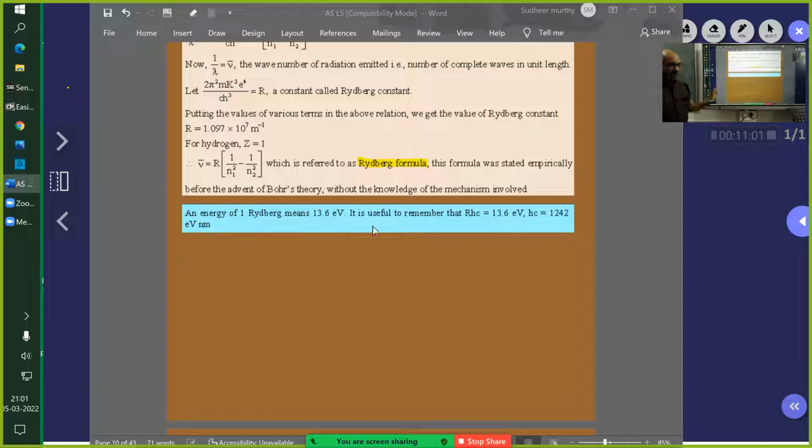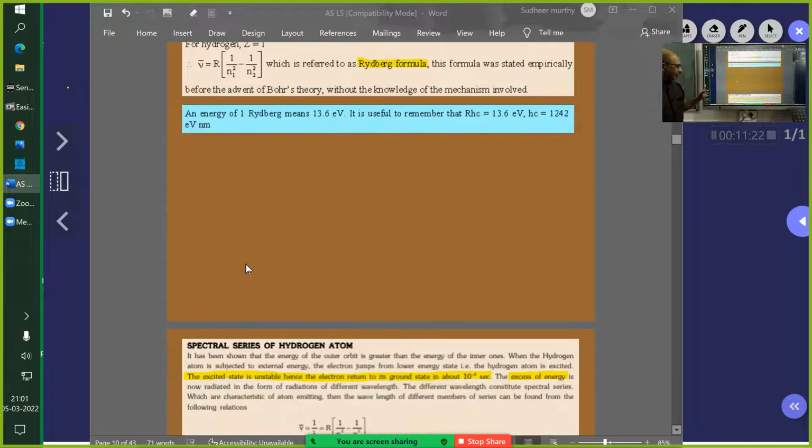In this case, it is nanometers. Why is it nanometers here? If you express hc as 1242, as I told you yesterday, then that means you are expressing the energy in terms of electron volt and the wavelength in terms of nanometers. Got it? Anyway, I have a numerical on this that will make that aspect very, very clear.